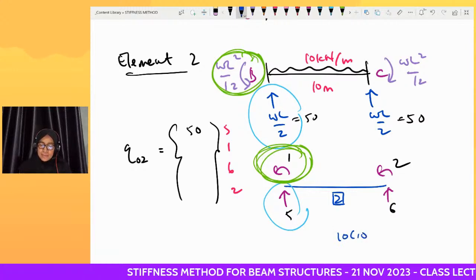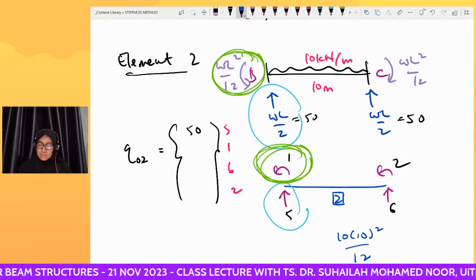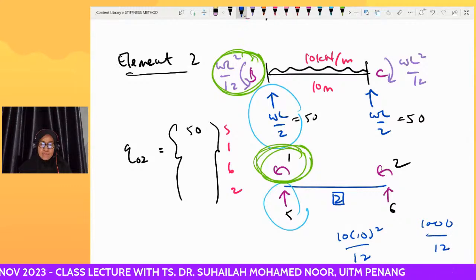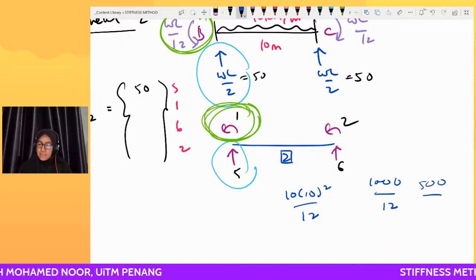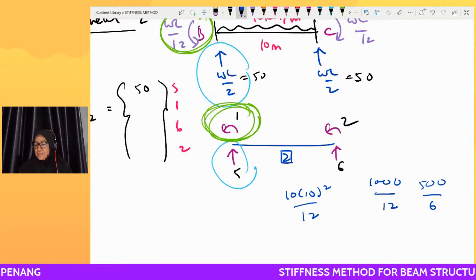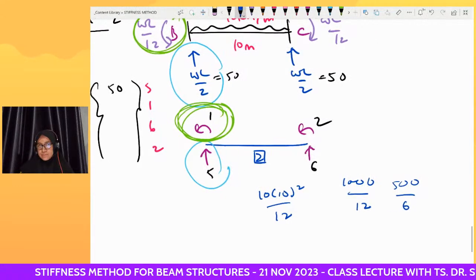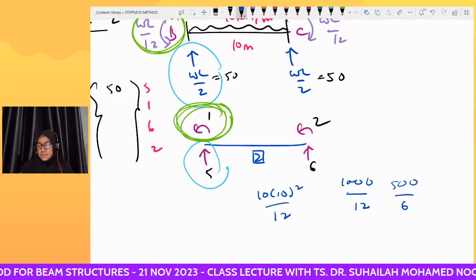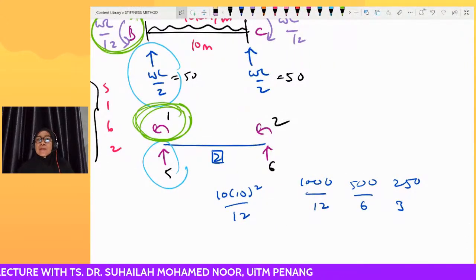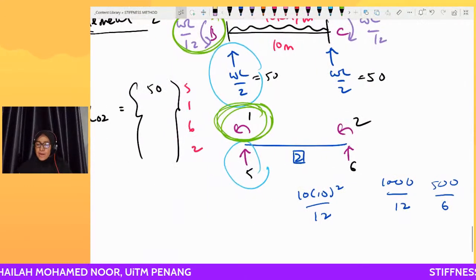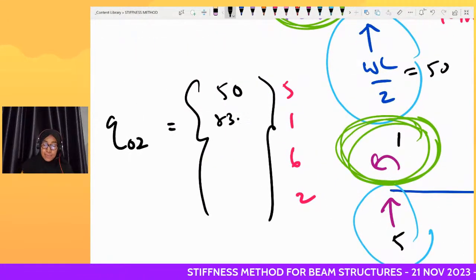W is 10, L is 10, so it is 1000 divided by 12, which is 500 over 6, or 250 over 3. That is 83.33.